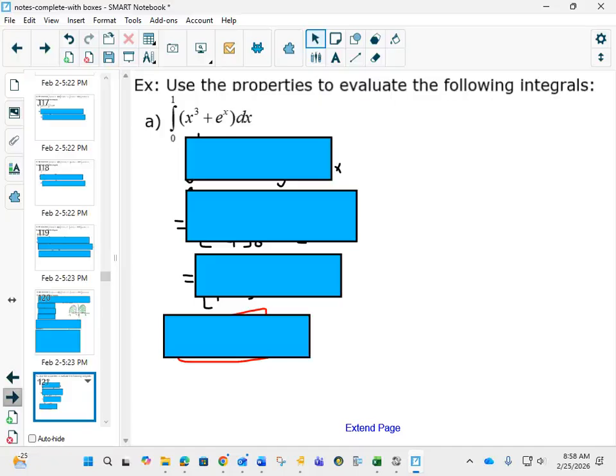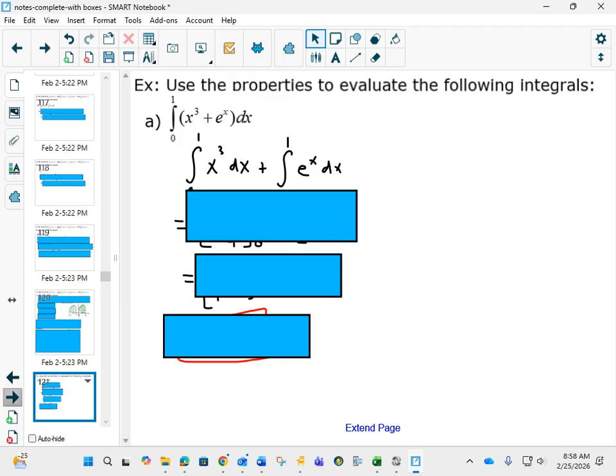So I use the property of integrals to evaluate the following. First of all, I'm going to tell you that from now on, you probably won't show this first step. The adding and subtracting integral property, for the most part, you'll just know you can do the integral of each one separately.